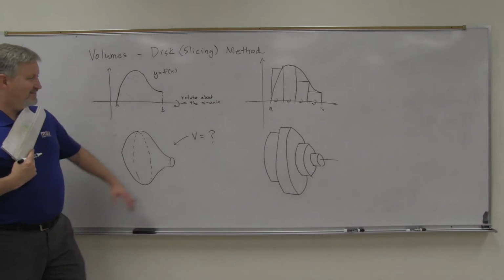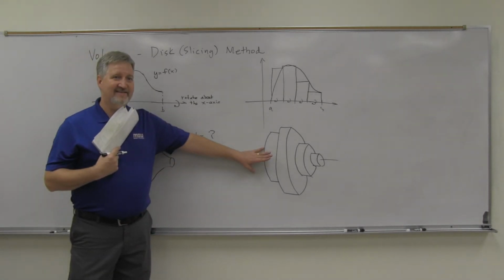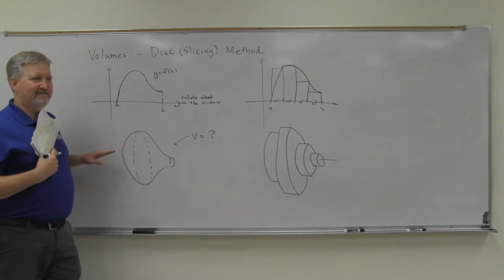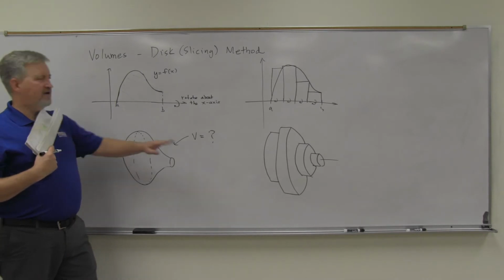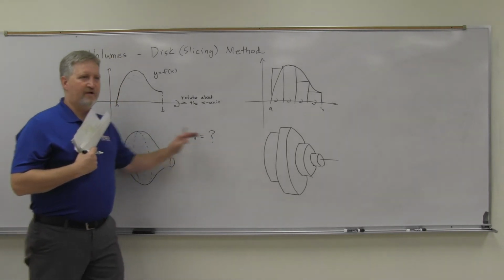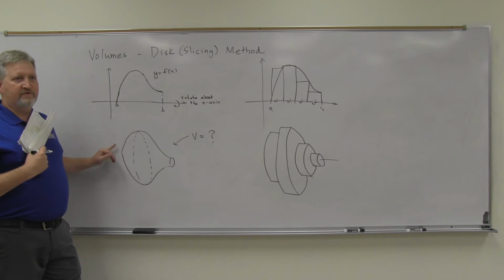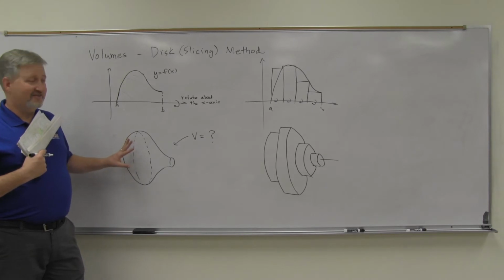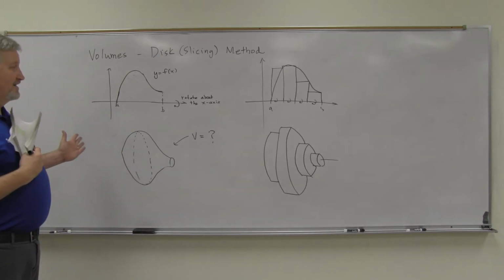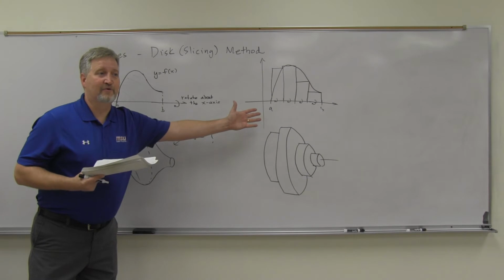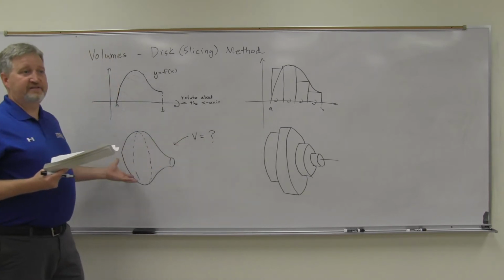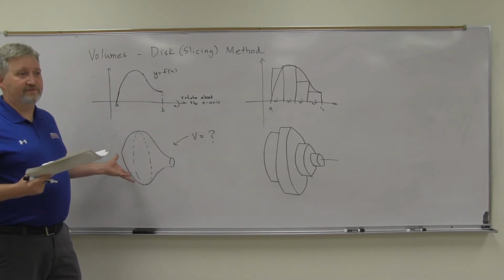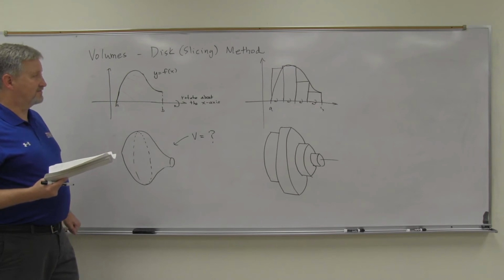Well, guess what? These discs approximate this volume, don't they? The volume of these discs is approximately the volume of this vase shape. Right? You see that? Sort of? I mean, if you do more discs, more rectangles, it matches better, of course, as with any case.